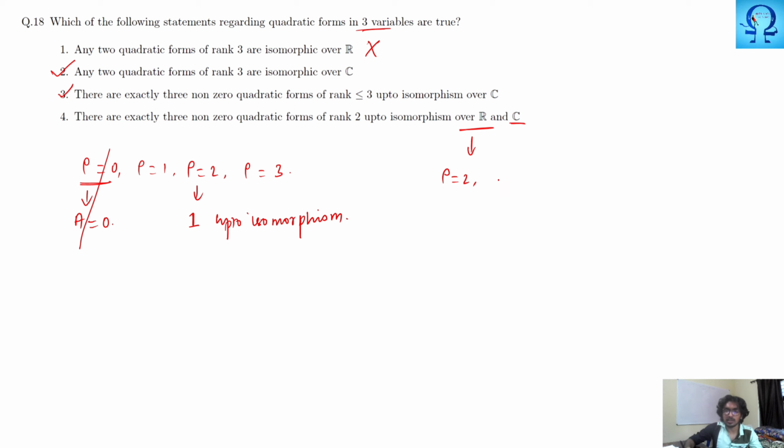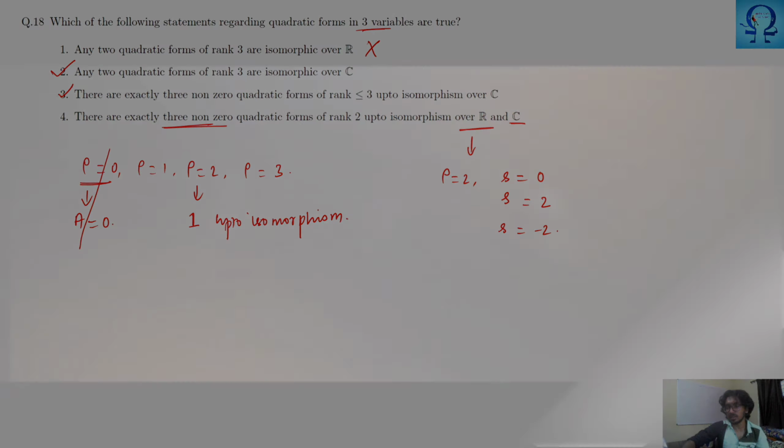Rank is 2. The signature can be 0, one positive and one negative. That is possible. Both positive. Both negative. Over R we will have exactly 3 non-zero quadratic forms up to isomorphism. Over R it is true, but over C it is not true. That is why option 4 is not true for this case. Over R it happens to be true, but over C it does not. So that's it. Thank you.